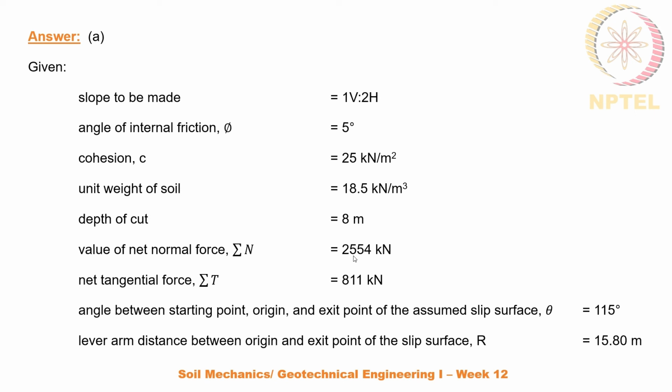Net normal force is equal to 2554 kilonewton and net tangential force is 811 kilonewton. Also, the angle between starting point, origin, and exit point of the assumed slip surface, that is theta, is given as 115 degrees. Lever arm distance between the origin and exit point of the slip surface, that is capital R, is equal to 15.8 meters.